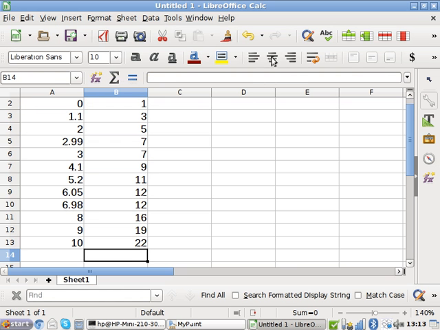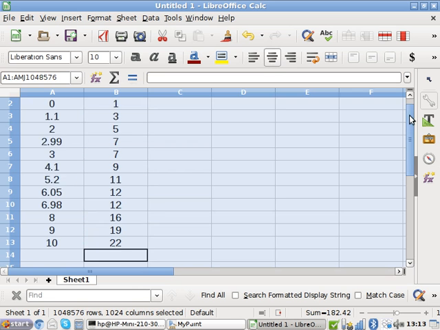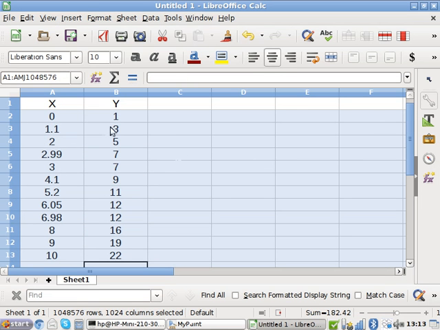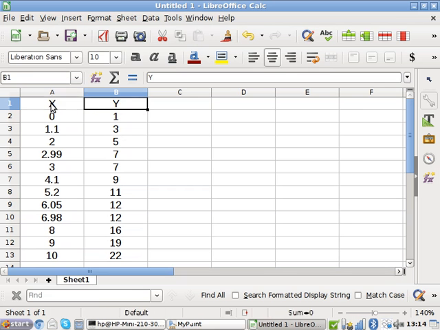Here, I'll shrink this down a bit. What? Is there something after the... No, that's the last one. So we have 12 points. Yeah, doesn't really matter. I just need enough for an example.